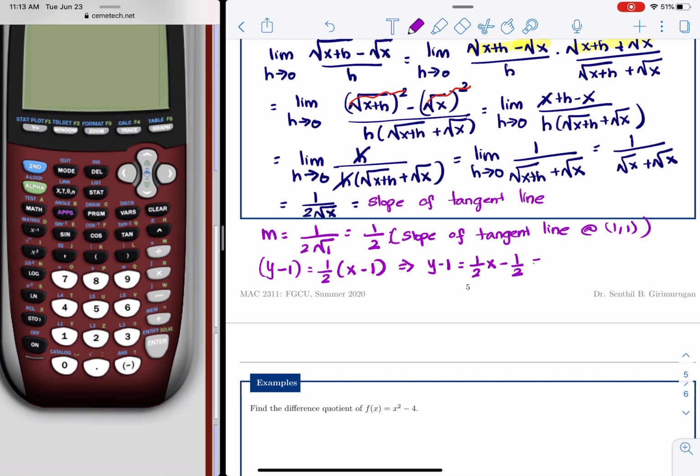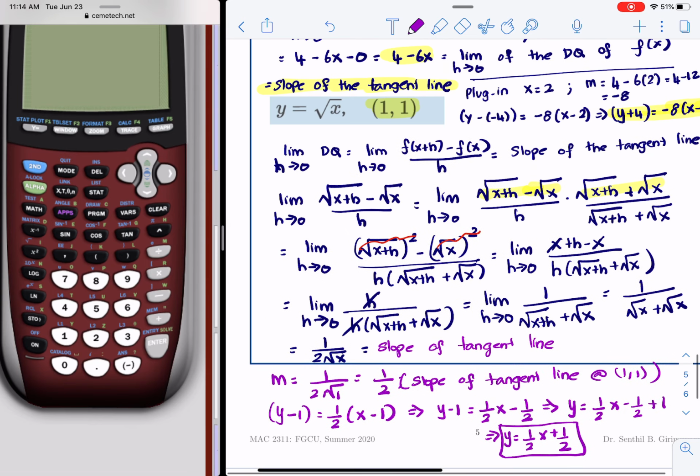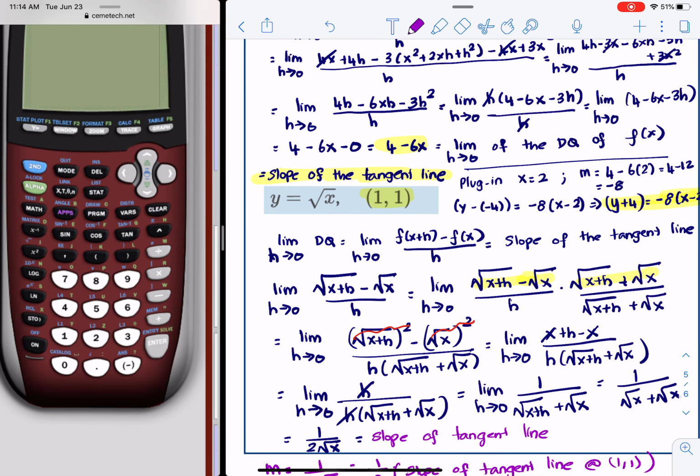Move the 1 to the other side. So y would equal 1/2 x minus 1/2 plus 1. So y would equal 1/2 x plus 1/2. And that is the equation of the tangent line at 1, 1 for the function y equals square root of x.